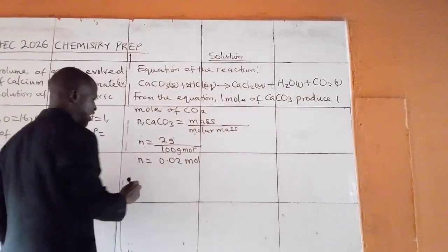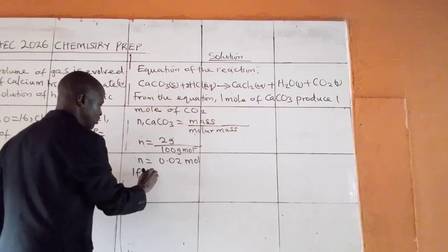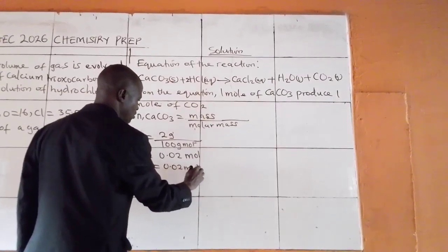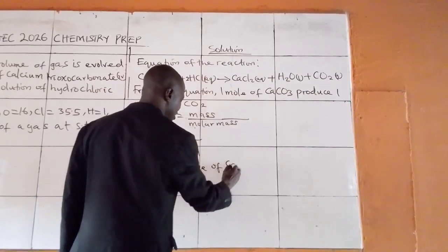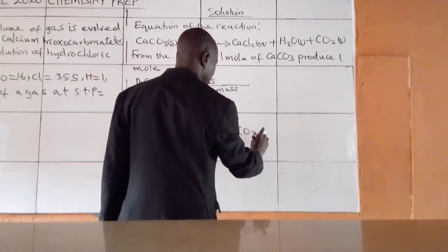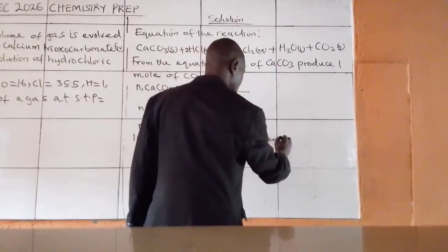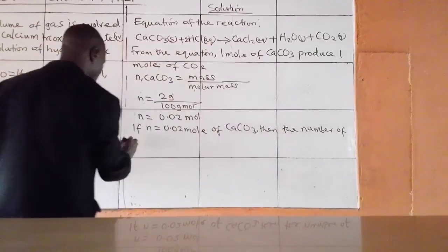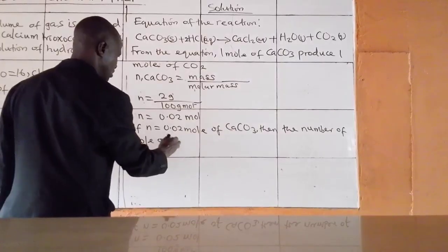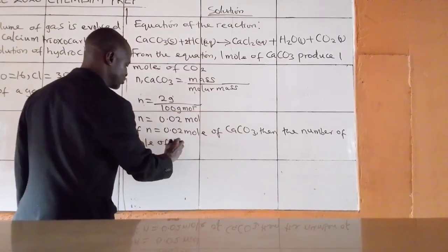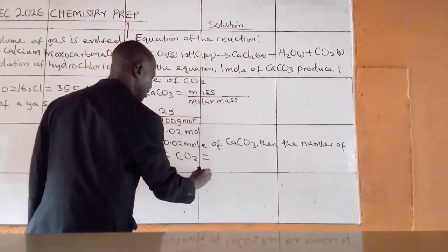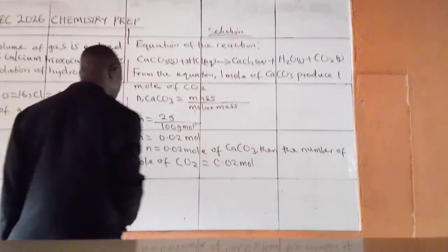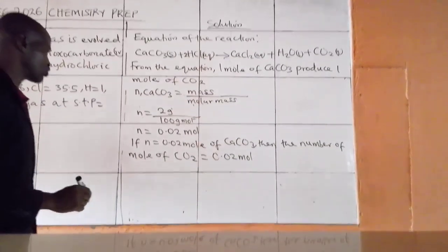The question says, what volume of gas is evolved? Now, if n is equal to 0.02 mole of CaCO3, then the number of mole of the gas liberated, which is carbon dioxide, CO2, is equal to 0.02 mole, based on the equation of the reaction.